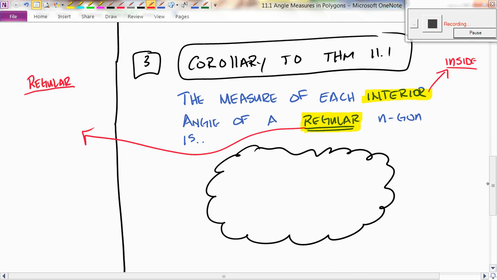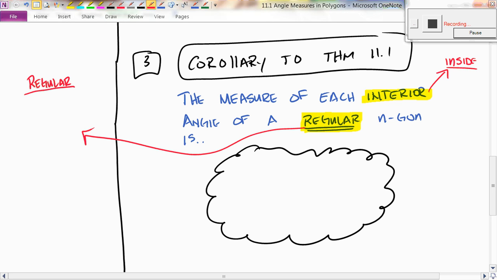Let's move on to the corollary here. A corollary to a theorem, as we learned way back in the first couple of months, is a theorem that goes with the other theorem that we have. This one has to do with regular polygons. So we have to remember what the word regular means when it's describing a polygon. Does anybody remember?